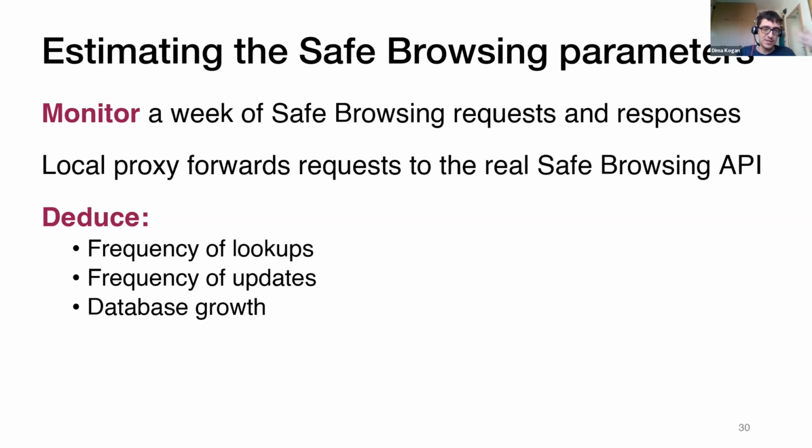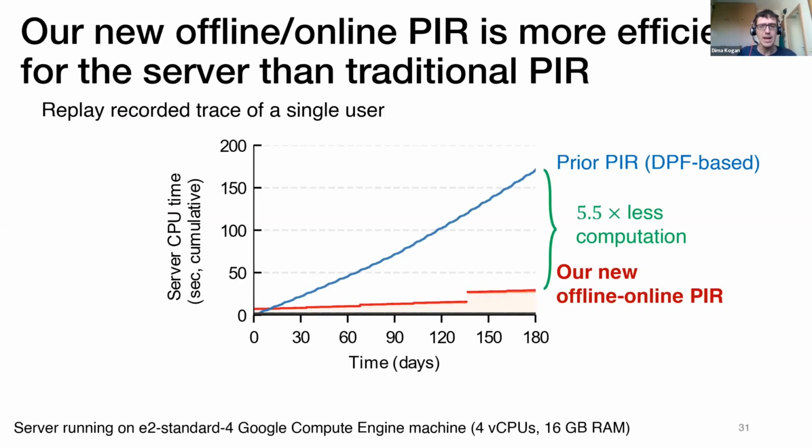From this log, we can deduce the frequency of lookups, the frequency of updates to the database, how much the database grows daily, and its size roughly. And then with this trace of requests, we can replay it using our PIR scheme with our PIR servers and measure the different performance metrics.